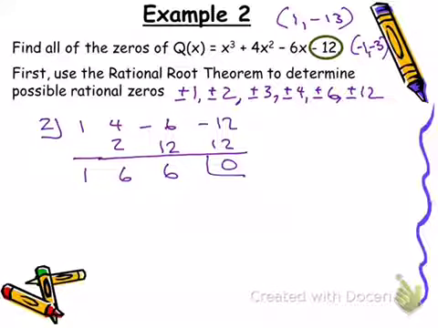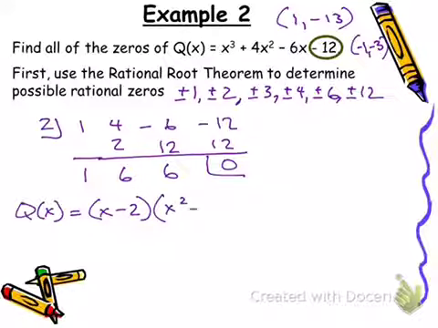If we find a zero, we found a factor, right? If 2 is a zero, then x minus 2 is a factor. As a matter of fact, q of x, our original polynomial, is equal to x minus 2 times what? x squared plus 6x plus 6 is what I'm looking for.